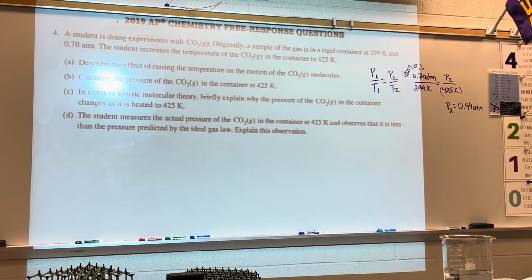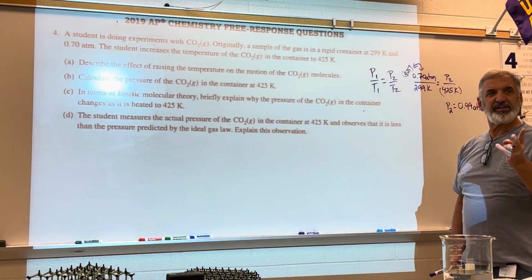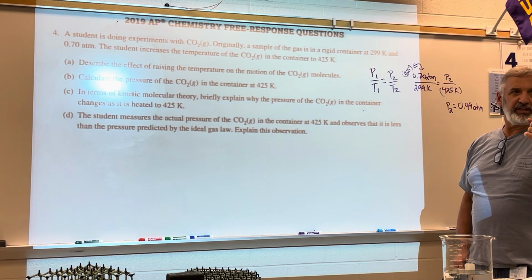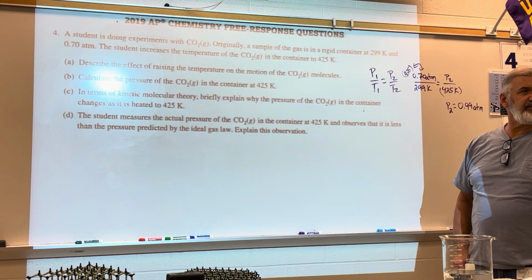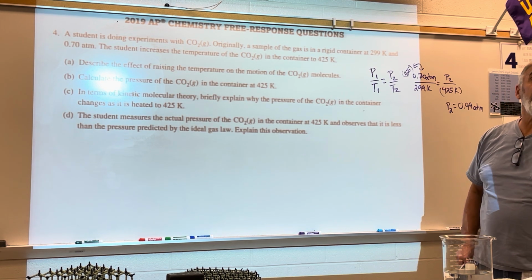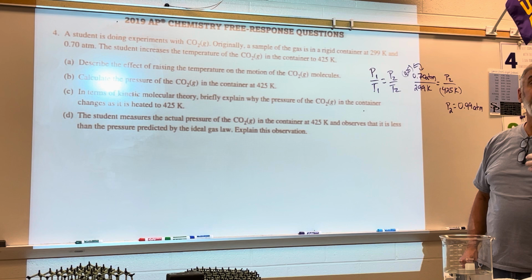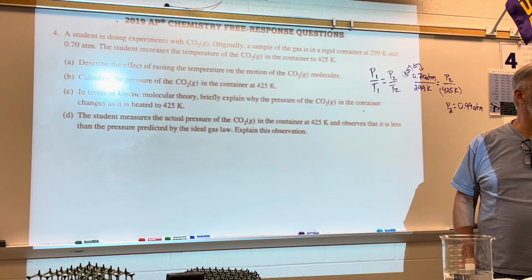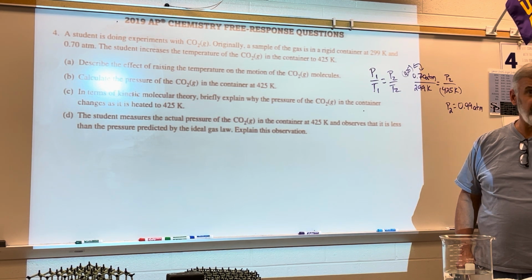There are more energetic collisions, both of which cause an increase in pressure. Now, I don't know if you have to have both of those. I need to go check whether you have to have both, but for sure at least one. The molecules are moving faster, so they hit the container walls more often, but they also hit more energetically at the higher temperature. Both cause an increase in pressure.